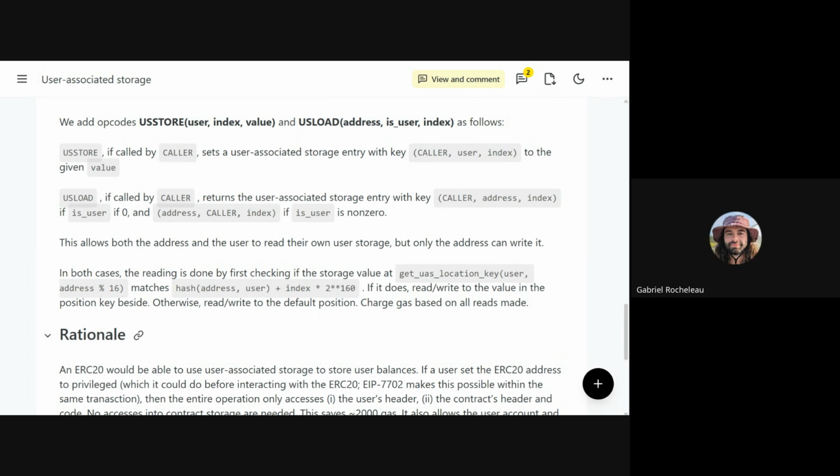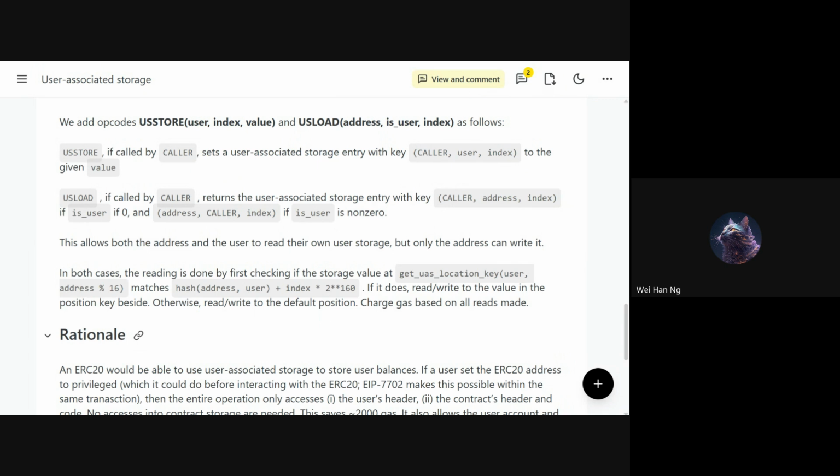Go for it, Han. I'm just thinking out loud here because this issue is nice, but it definitely has a restriction of having a limited number of user-associated storage. So this might sound like a stupid idea, but is it possible for contract bytecode to be redesigned in such a way that if there's a mapping between an address and some arbitrary value, we would store it in the storage space of accounts rather than the storage space of the contract itself?